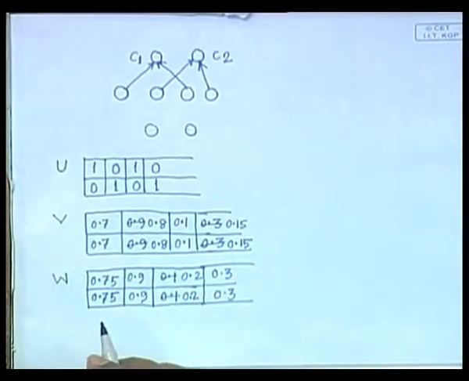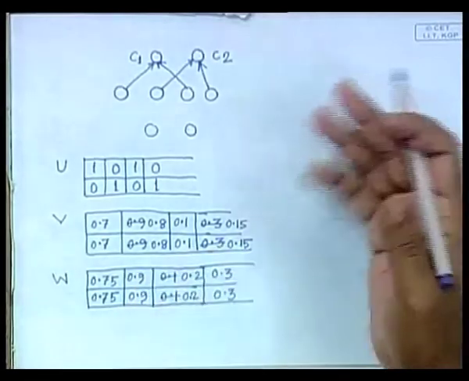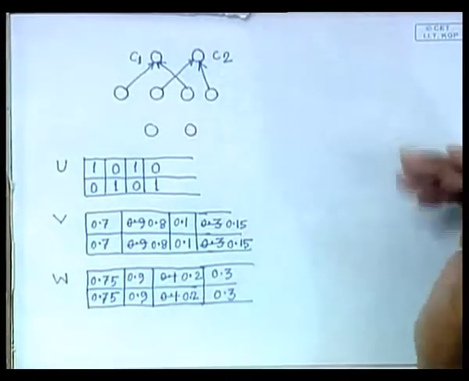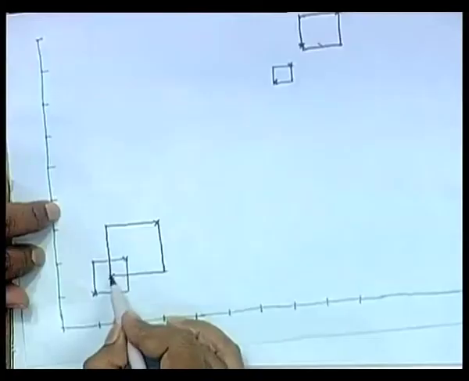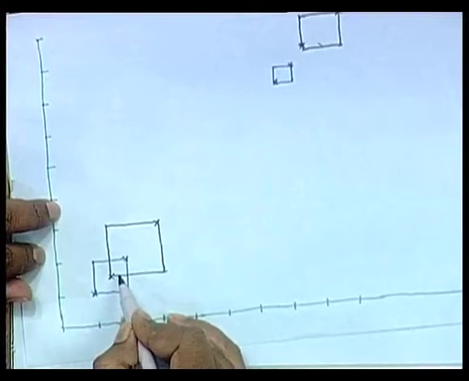And now there will be a difference between the previous neural network that we were constructing and this new neural network that we are making, because in this case you find that there is an overlap. Okay. I have an overlap in this particular region.